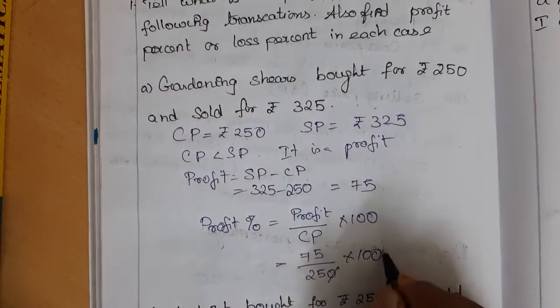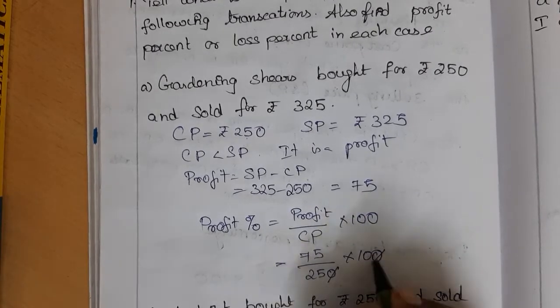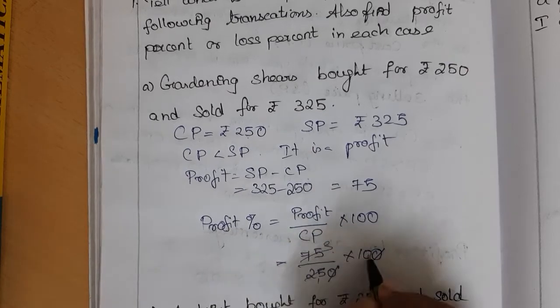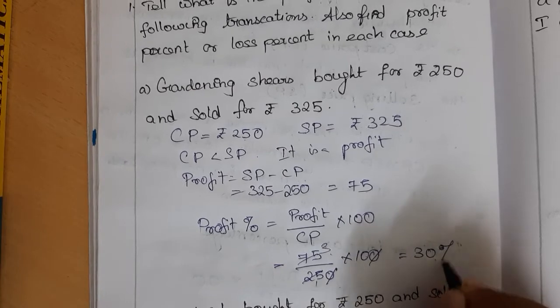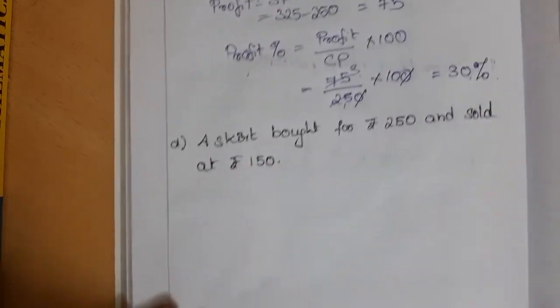The 0 gets cancelled, 75 and 25, 3 times. So 3 into 10 is 30. So profit percentage is 30. We go for the next problem.